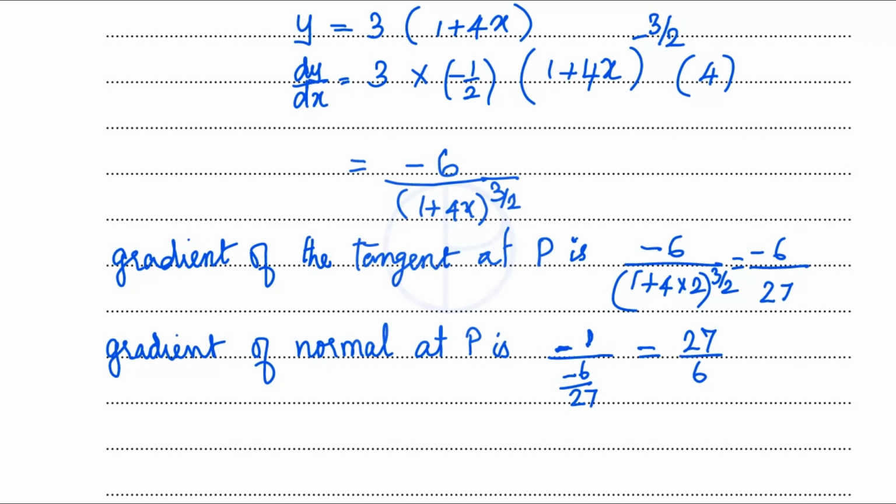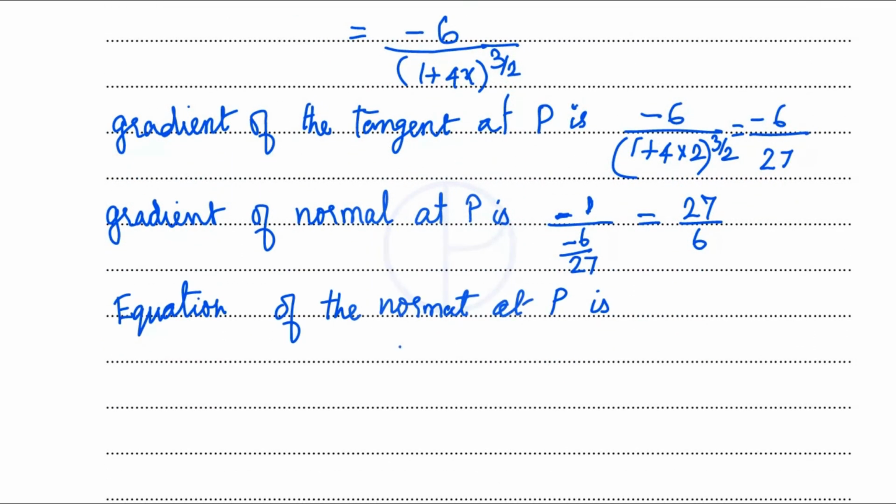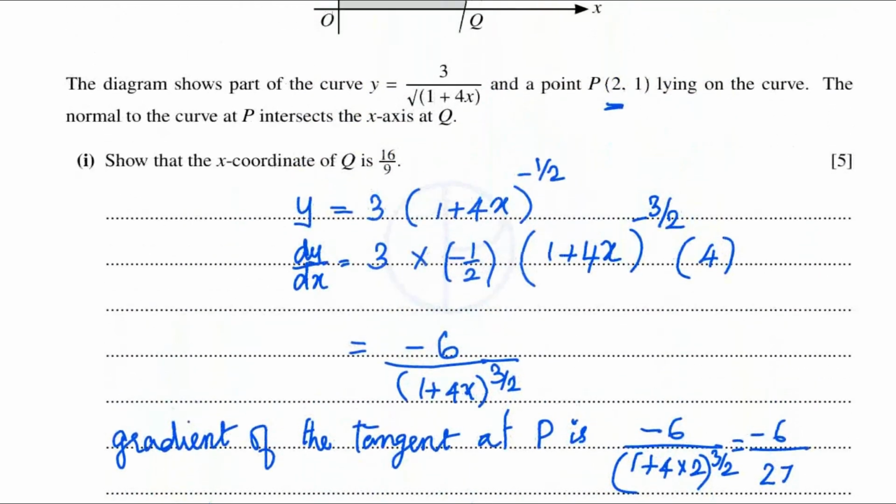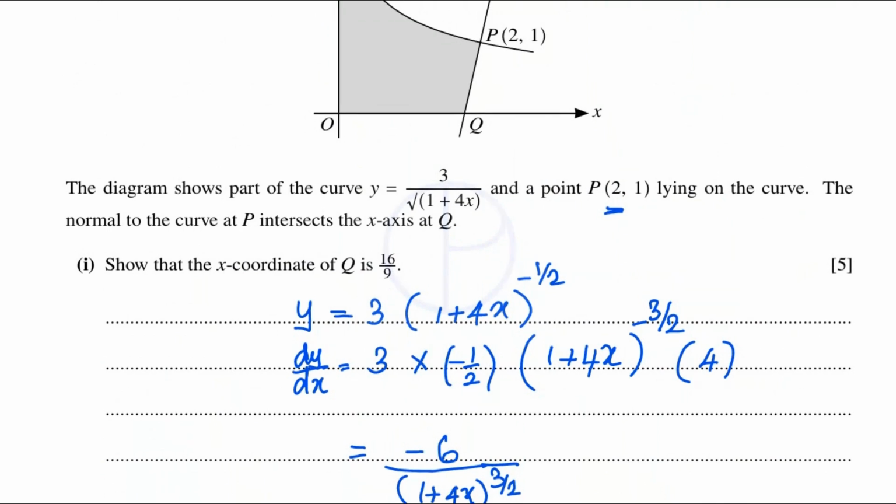Okay. So let's write the equation of the normal. y minus 1 is equal to 27 divided by 6 multiplied by (x minus 2). Okay. So it's given, this normal intersects the x-axis at Q. Okay.